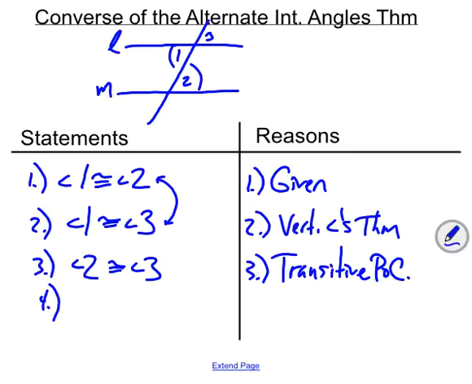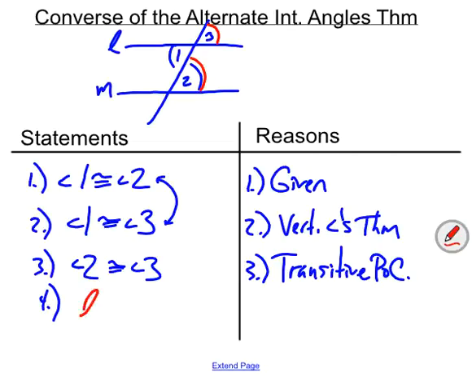At that point, we're pretty much good, because what we have just shown is that 2 and 3 are congruent to each other, and if that's true, those are in fact corresponding angles. And since they're congruent, which we have just shown in step 3, we can say that the lines are parallel because of the converse of the corresponding angles theorem.